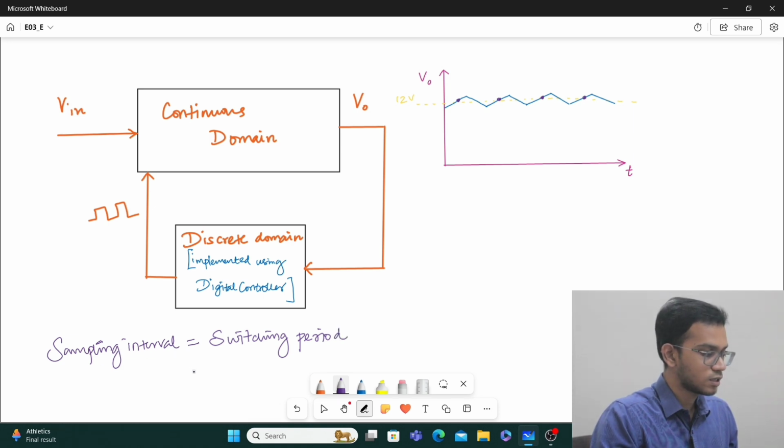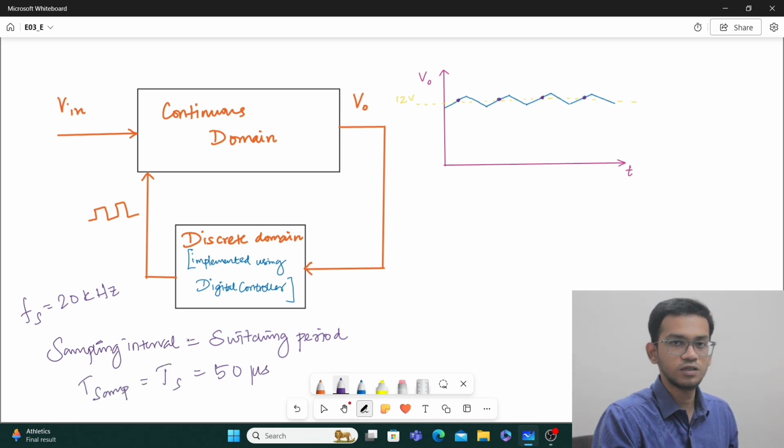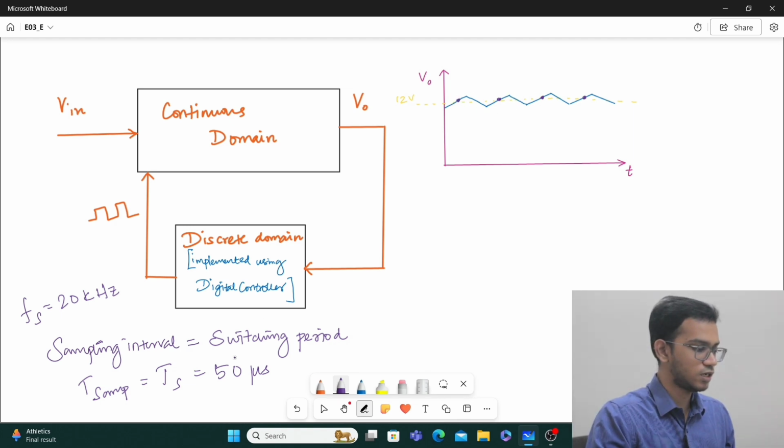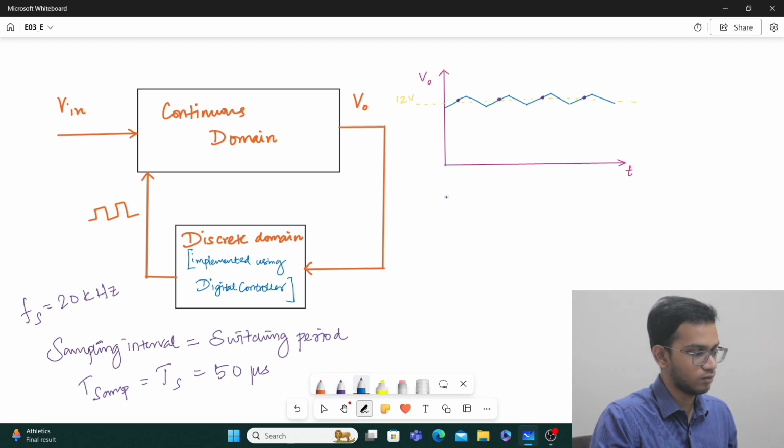My switching period here is 50 microsecond because my switching frequency is 20 kilohertz. So this should be the situation here. So I am sampling the output voltage at every 50th microsecond so that I may get a waveform which may look like this.